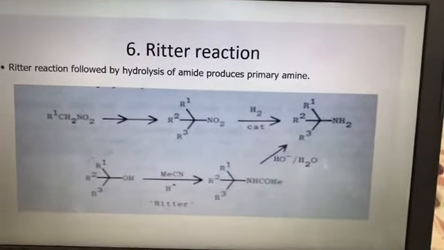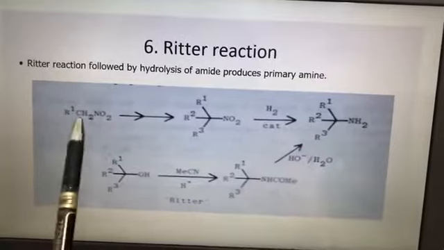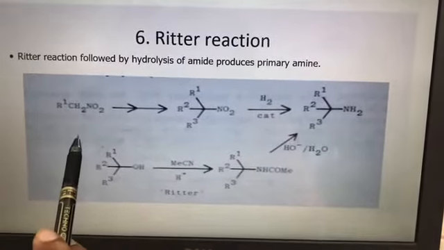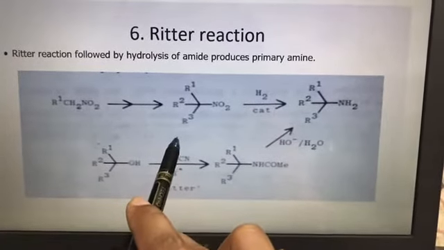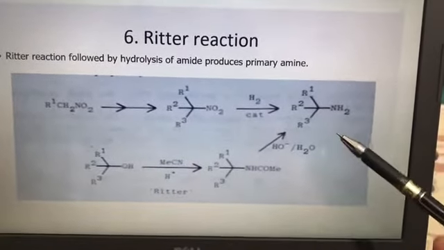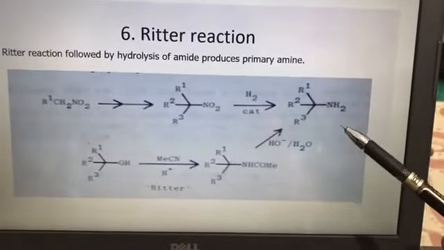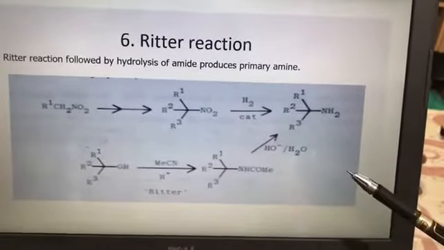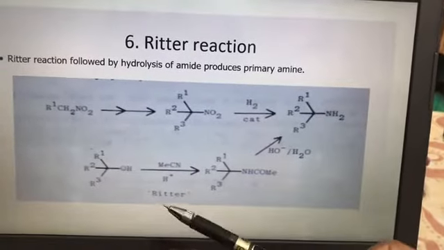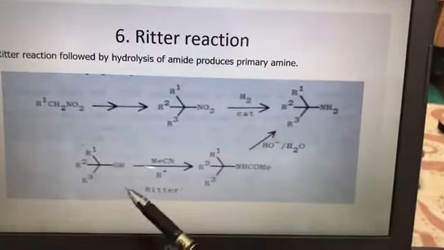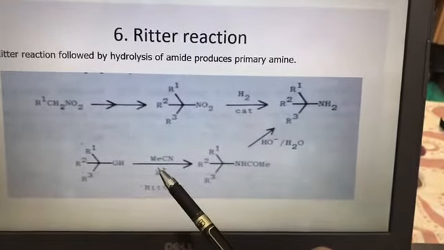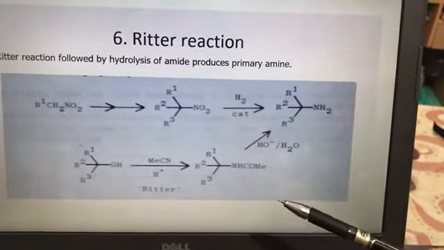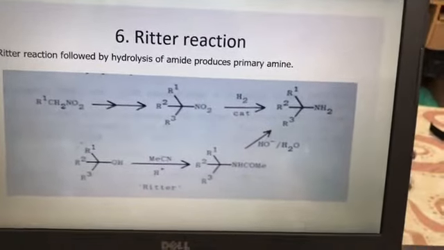So here it is shown, right, from a nitro compound, upon its alkylation and its reduction, it gave us a branched primary amine. The same product can be obtained from the Ritter reaction. Here, from the alcohol group, upon using MeCN, we get a nitrile group, and its hydrolysis gave us an amine.